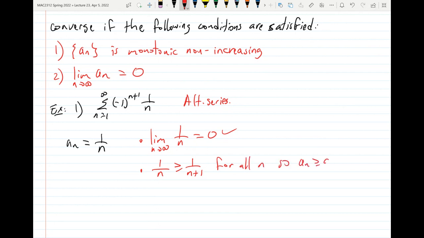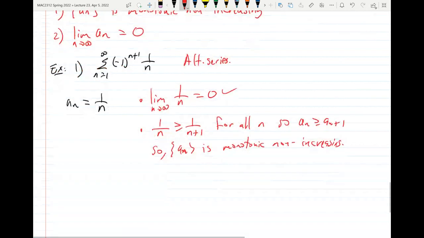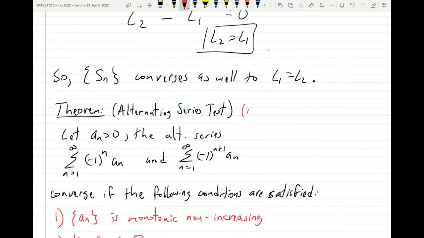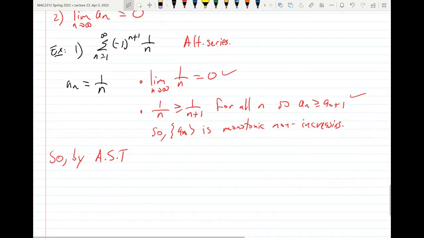So that means a_n is greater than or equal to a_(n+1). So a_n is monotonic, non-increasing. In fact, it's decreasing. So all the conditions are satisfied, and we can say that by the alternating series test, which I'm going to call AST, the series converges.